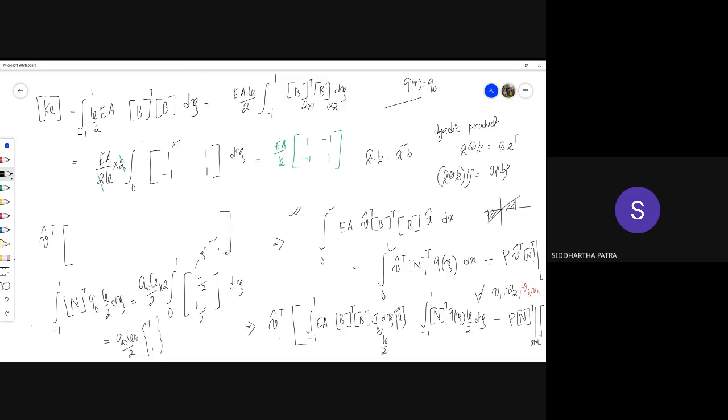Now, if you add these two terms of the vector, it becomes Q0 times LE. That is the total distributed load on the bar. So that has been equally divided at the two nodes.